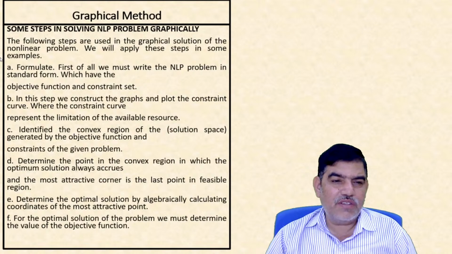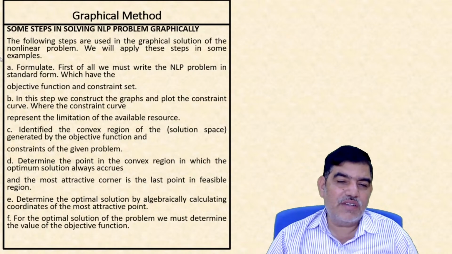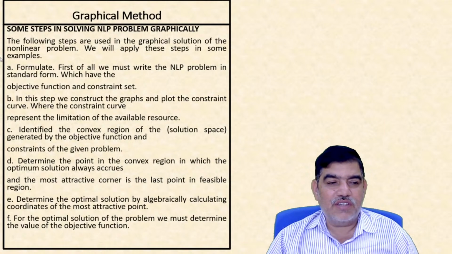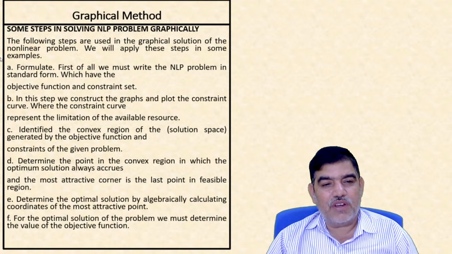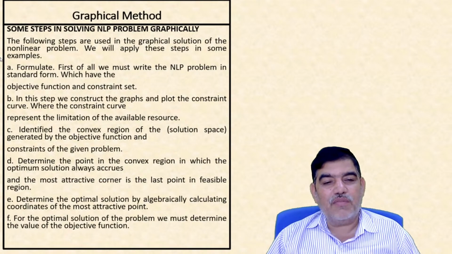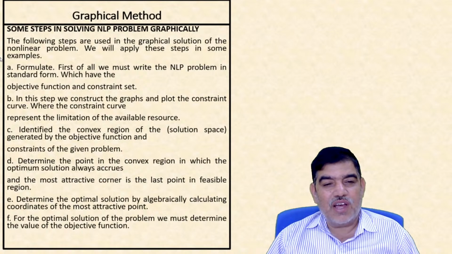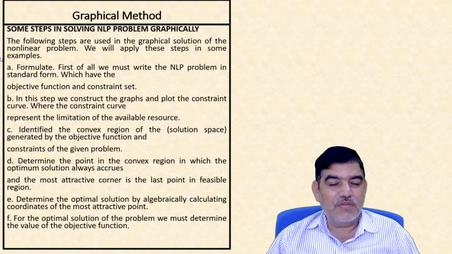Then the fourth step is to determine the point in the convex region in which the optimum solution always occurs, and the most attractive corner is the last point in the feasible region.